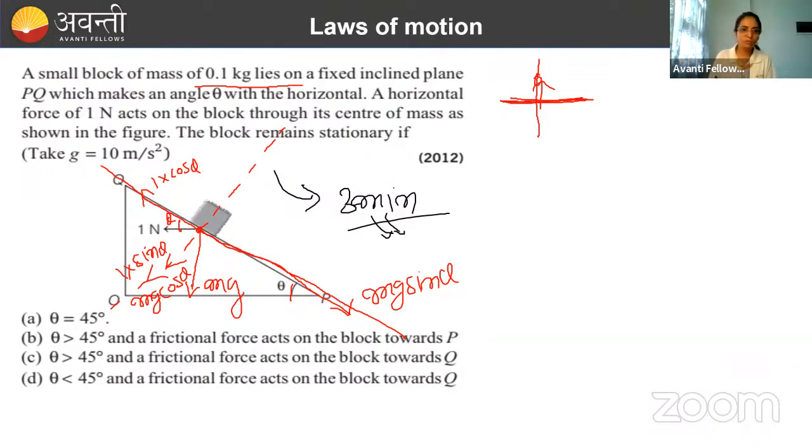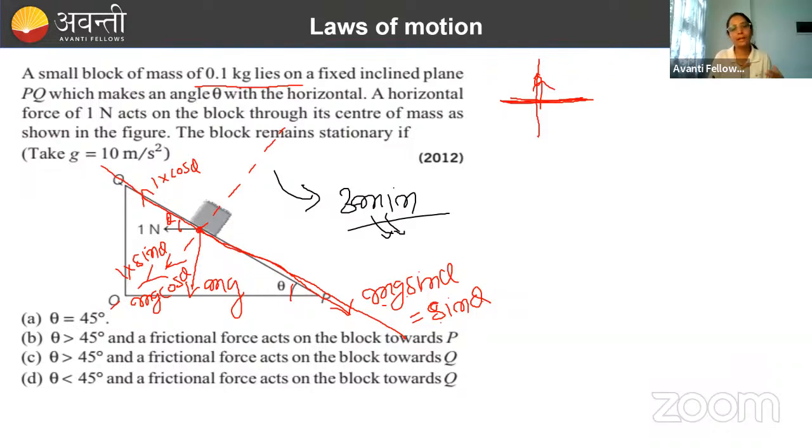The m value is 0.1 and the g value is 10. So mg sin theta, putting the values of m and g, equals sin theta. Done. So if these two forces are equal, then no friction will act.